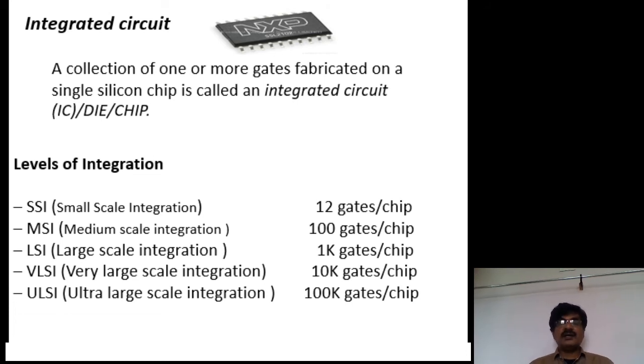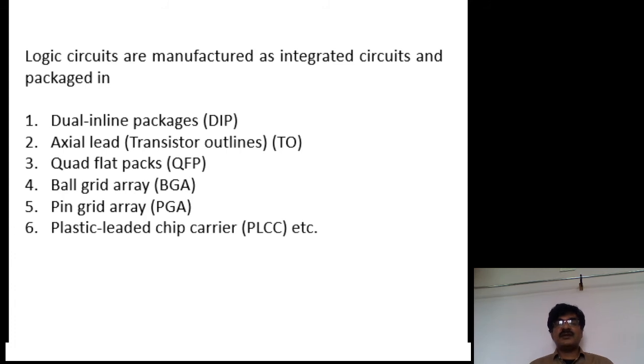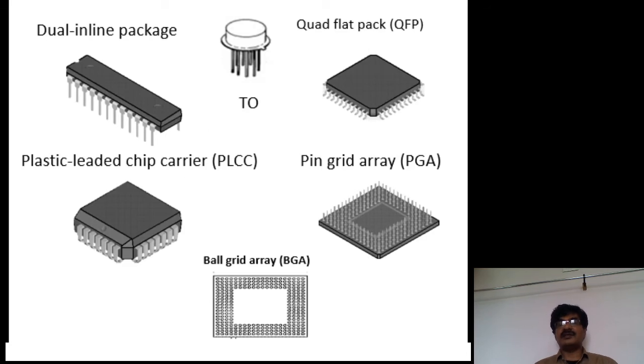Now let us see the packages in which an IC can usually appear. You can see the different packages and their shapes like this. This package is called the dual inline package. It is a very popular package.